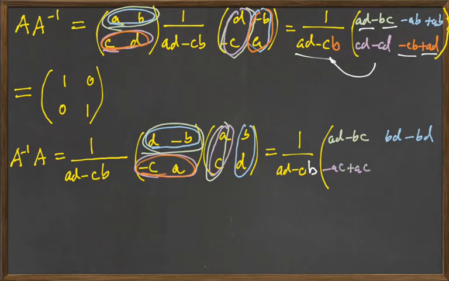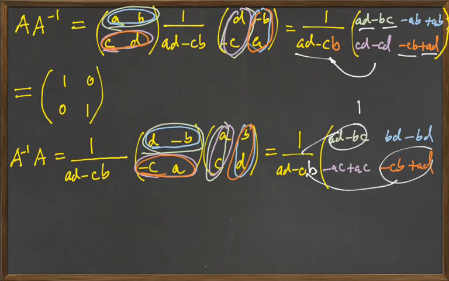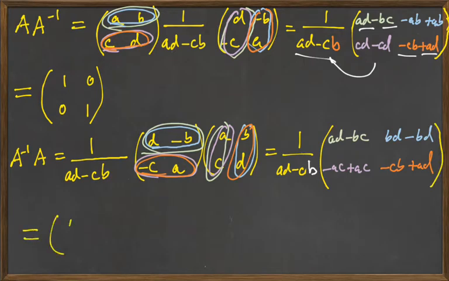And finally, negative C and A times B and D, so that'll give us negative CB and plus AD. So as we distribute, this will be a 1, and this will be a 1. These are going to end up being zeros. Okay. And so we get the identity matrix on the other side also, so that is a little bit of a verification, at least for the 2 by 2, that this is in fact the inverse matrix.